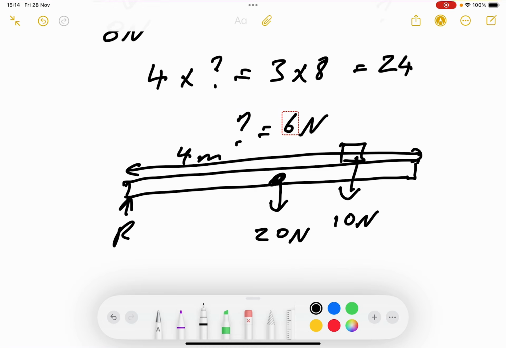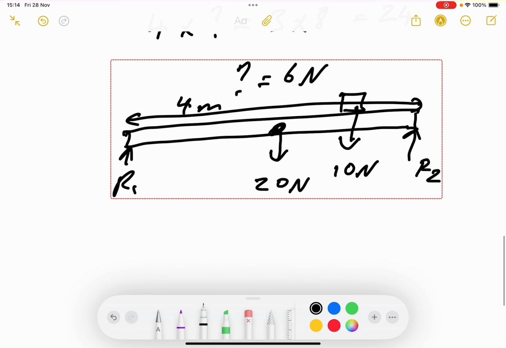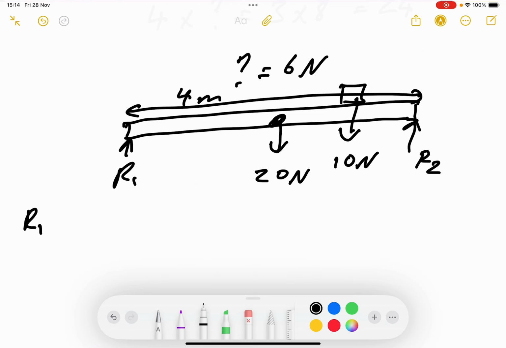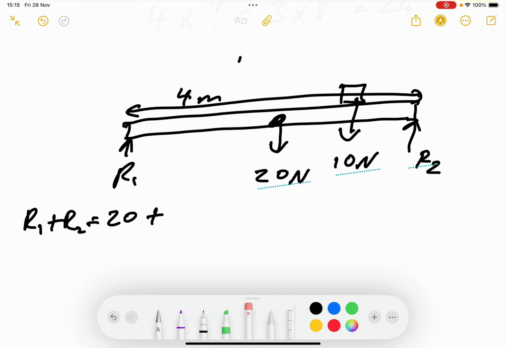And we might be asked to find the two forces acting up, which are going to form our equilibrium. So we know to start with R1 plus R2 must equal 20 plus 10. I'm just going to rub this out. That's left over from the question before, and it's just confusing the matter now, isn't it? Right, so R1 plus R2 must equal 20 plus 10 equals 30 newtons, and we'll use that later.